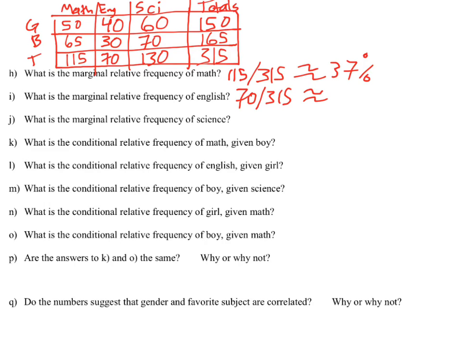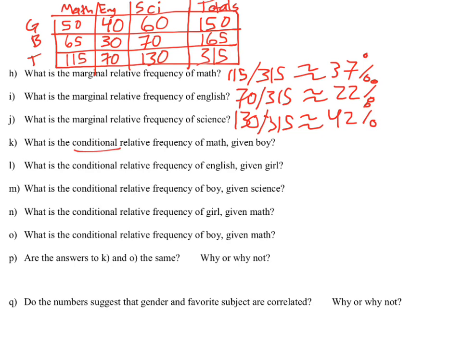Let's see, 70 divided by 315. You get about 22%. And then relative frequency for science, that's the 130. You have to divide by 315, the grand total. So 130 divided by 315 will give you about 42%.